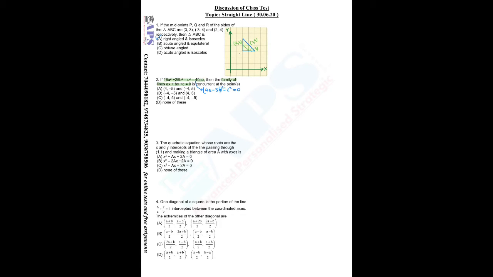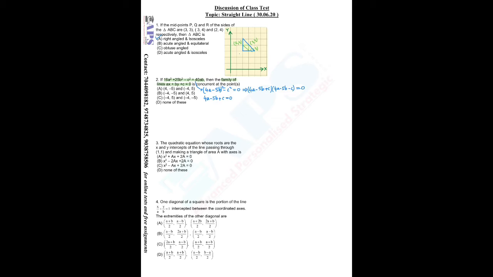Upon simplifying this, we will get 4a minus 5b plus c into 4a minus 5b minus c equal to 0. So the product of two factors is 0. That means any factor can be 0 here, and therefore we get 4a minus 5b plus c equal to 0.